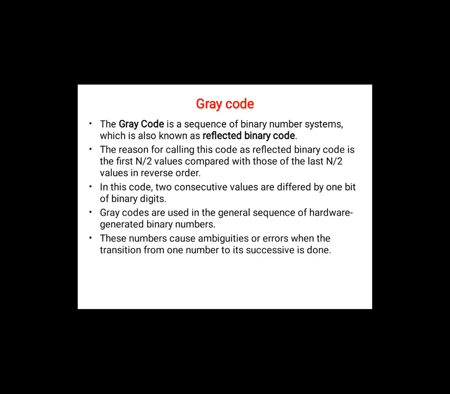Otherwise, everybody will generate a different code, and if you generate it ambiguously, what happens? You will not see the reflection. If you just stick with the idea that I am supposed to change any bit at a time, and anywhere in the sequence I simply change that 1 bit, you will get all those 16 combinations. But what will happen if I am going with the numbers 0 to 15? You cannot see that reflection or the mirror image.